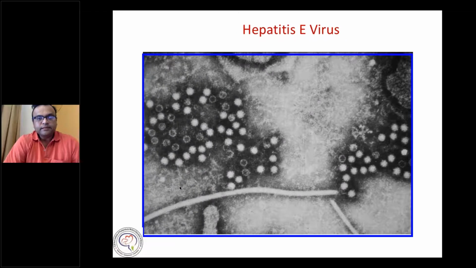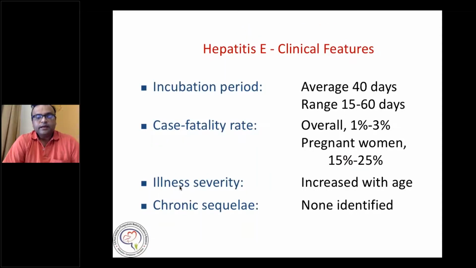Now coming to the hepatitis E virus, the average incubation period is about 40 days, the range being 15 to 60. Case fatality rate is not very high, it's close to 1%. What is worrisome is that if a pregnant female gets infected with hepatitis E, then the chances of it causing severe illness are very high, close to a quarter, 15 to 25%.